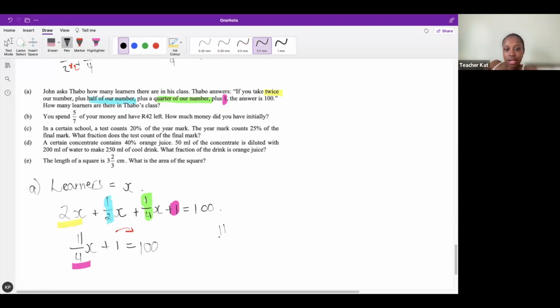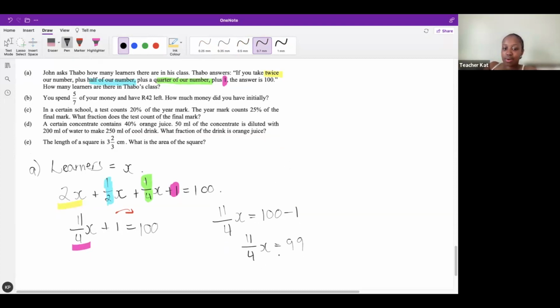So then it'll be 11 over 4 x is equal to 100 minus 1. Remember, when it goes over to the other side, it changes and becomes minus. So then we have 11 divided by 4 x equals 99. Hopefully I haven't lost anyone yet.